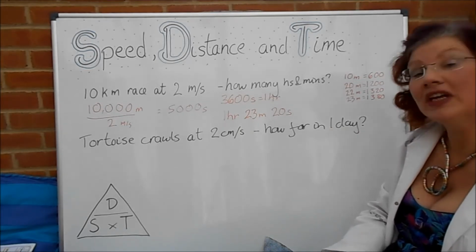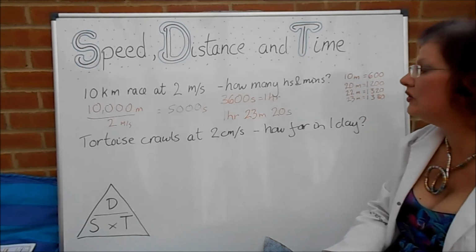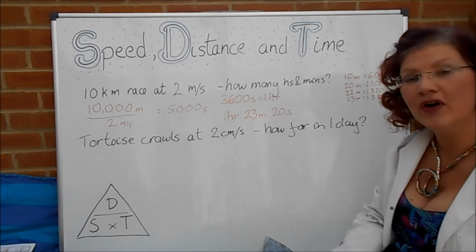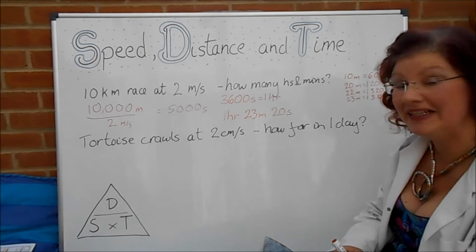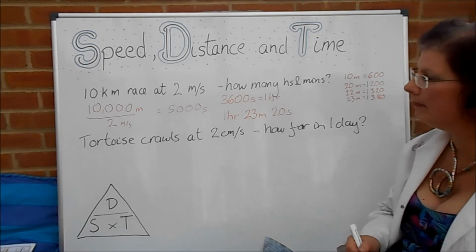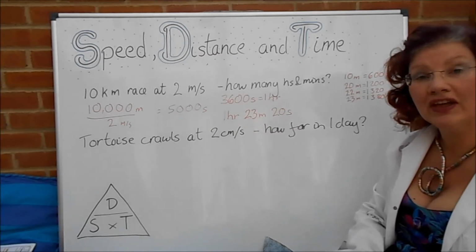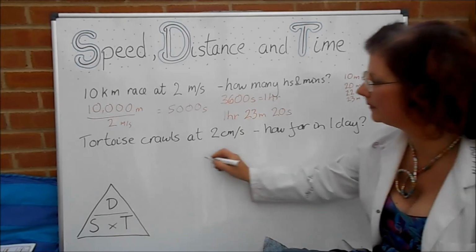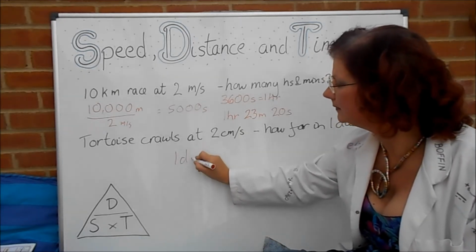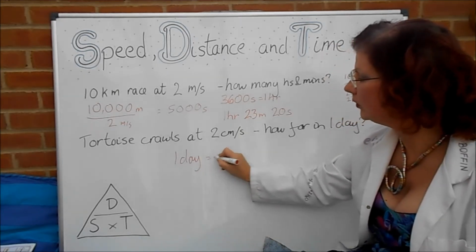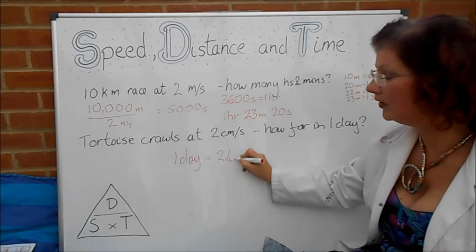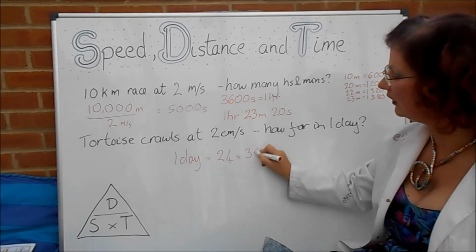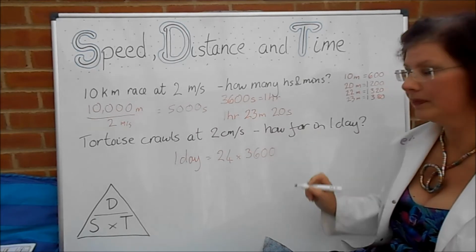Right, and we've also got our tortoise crawling along at 2 centimetres per second. How far in one day? Well, we need to know how many seconds in a day, and that's going to be quite a big number. We already know the 3,600 in an hour. So 1 day equals 24 times 3,600.